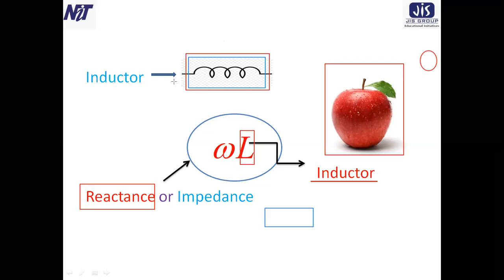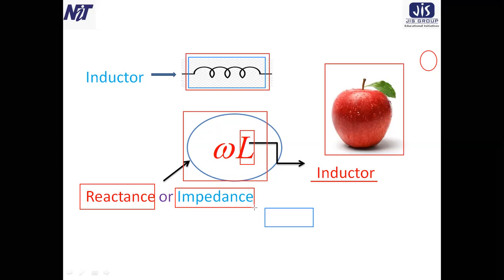So the name of this symbol is the inductor, the name of this fruit is the apple. The measure of this fruit, we can measure with its weight, that is 50 gram. So you can measure the inductor with reactance, or this value is also sometimes called impedance.